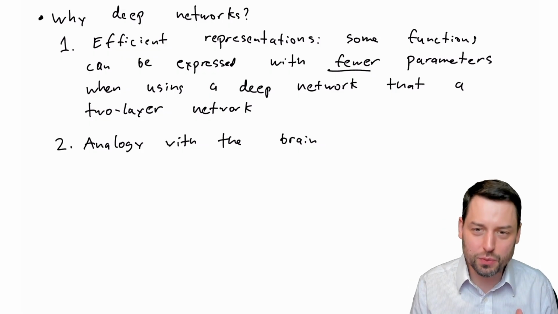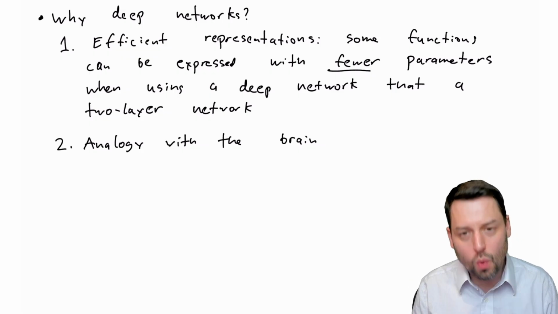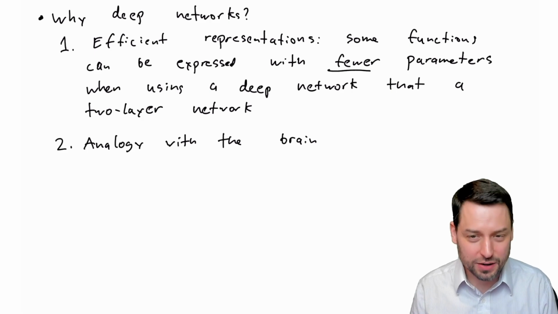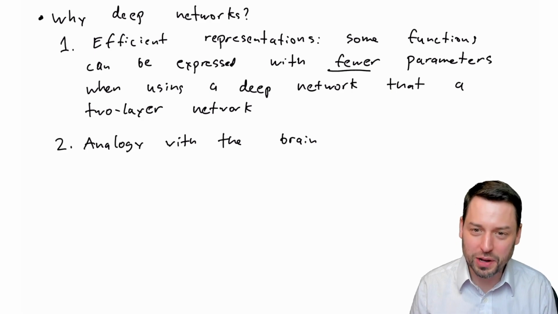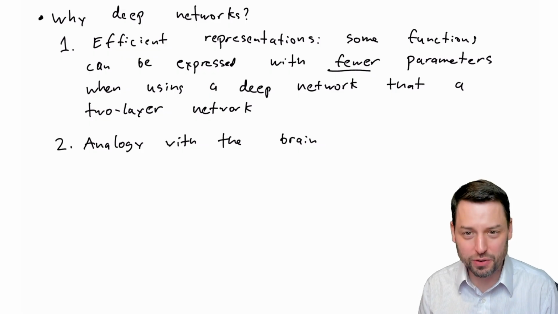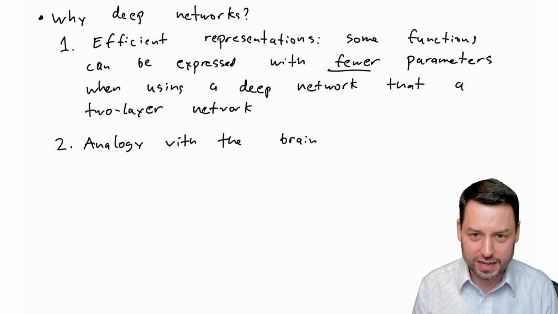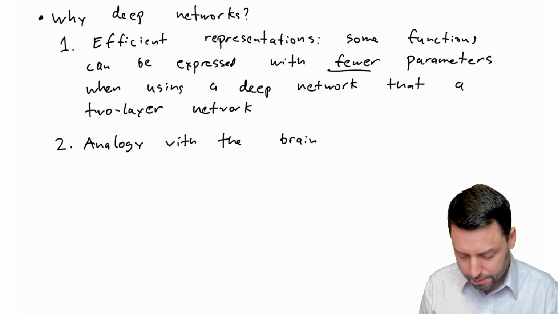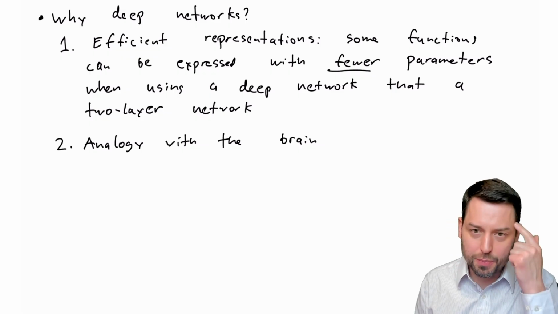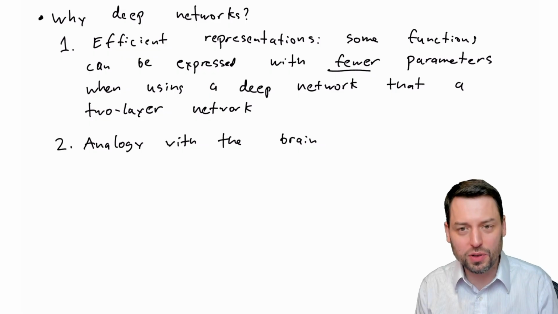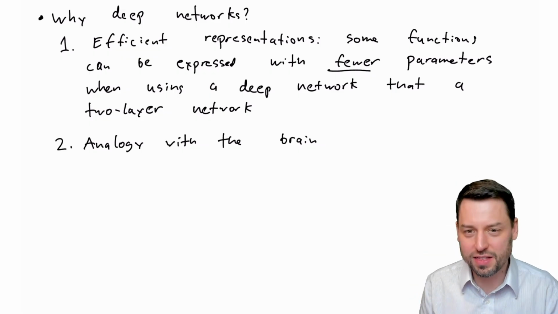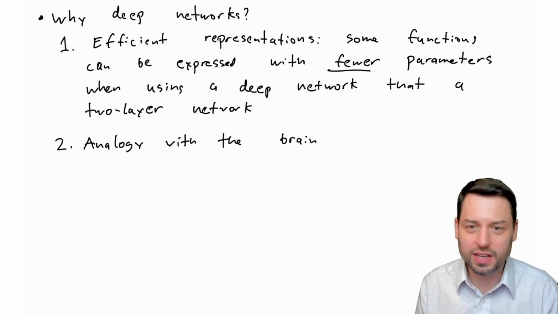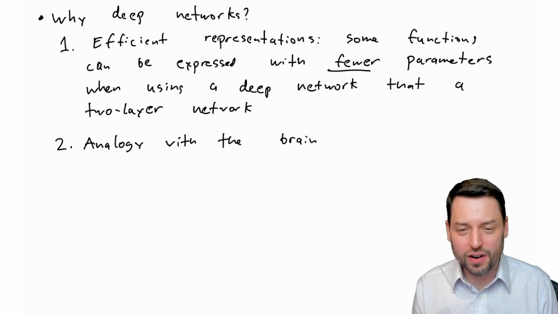A lot of the original development around neural networks was very inspired by people trying to understand and think about how learning might work in the brain. So it's been a very useful and fruitful analogy through the development of a lot of neural networks. And just like the brain has multiple layers, we take inputs like the things our eyes see, and they go through multiple stages of processing before they actually reach our cortex.